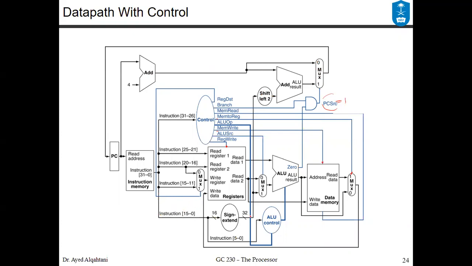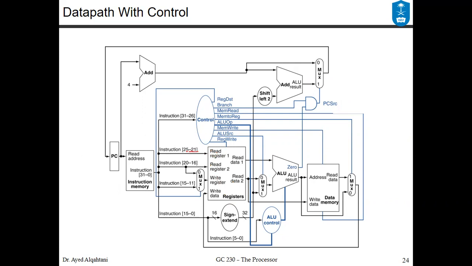We sign extend it to 32 and then shift it left by rewiring and get the target address back to the program counter.